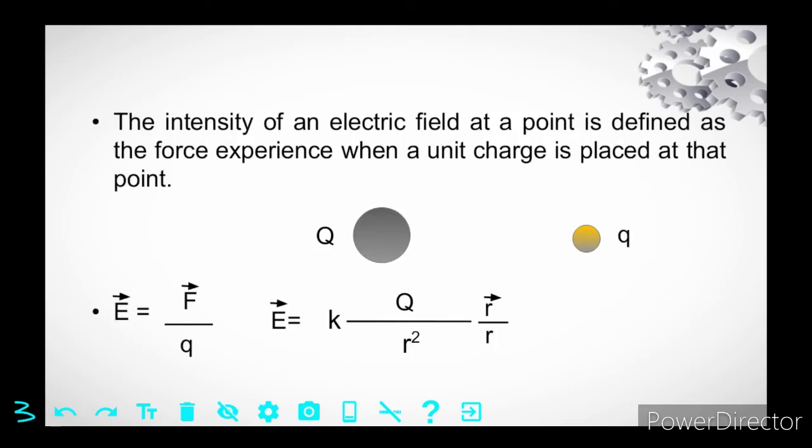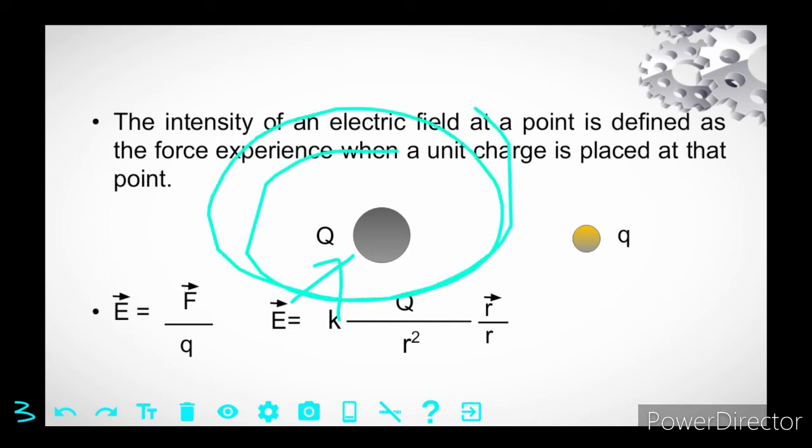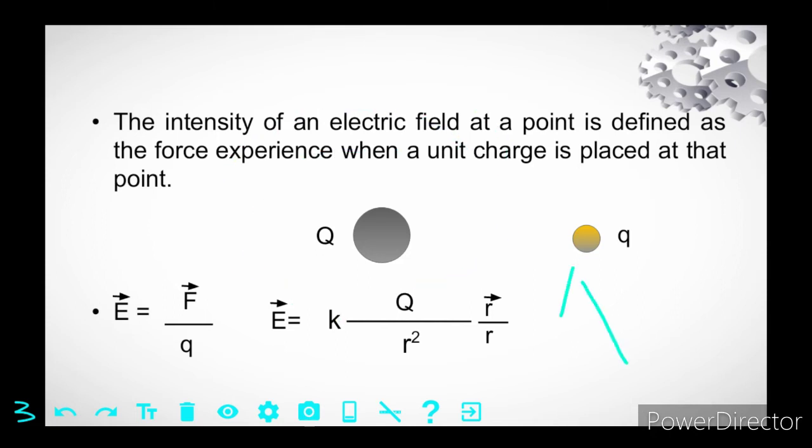In this slide I am explaining the value of the electric field. The intensity of an electric field at a point is defined as the force experienced when a unit charge is placed at that point. In simple terms, say this is the original charge and a field is created. When a new test charge enters this region, it experiences some force due to this electric field.